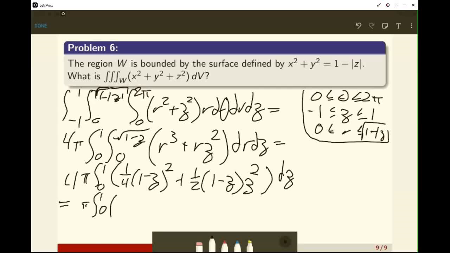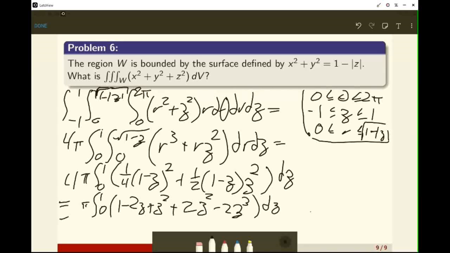And this is going to be 1 minus 2z plus z squared. And then plus 2 times everything that goes on here, so 2z squared minus 2z cubed.